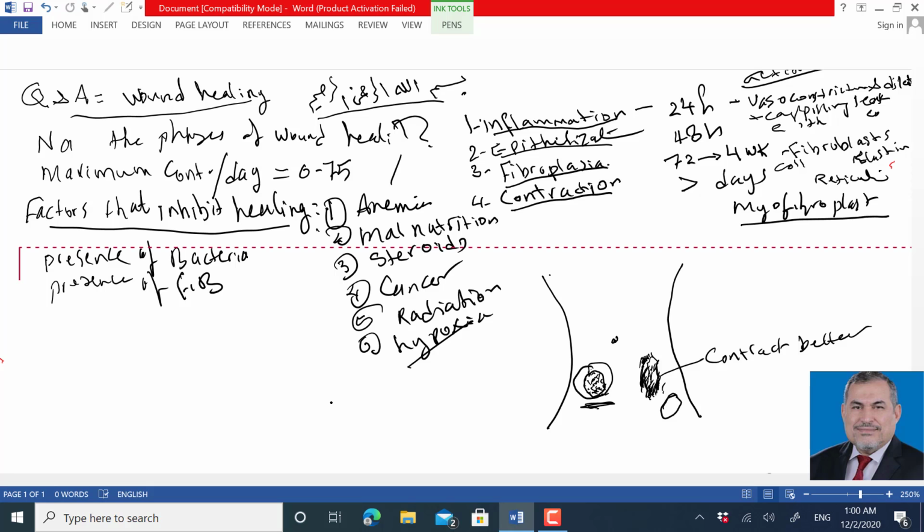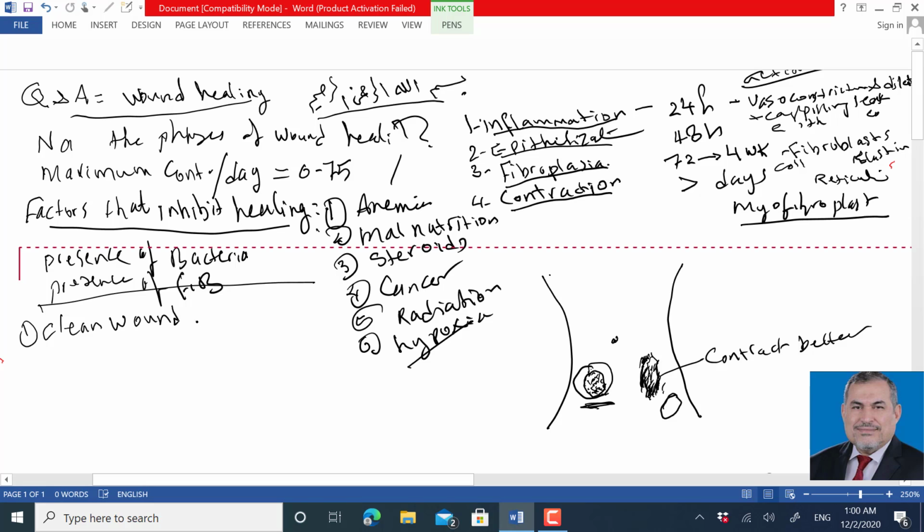We define the following types of wounds or operations. We have 4 types of wounds or operations. Clean wounds are wounds made under sterile conditions by the surgeon. There is no bacteria, no contamination, and no incision in the GIT, respiratory or biliary tract.